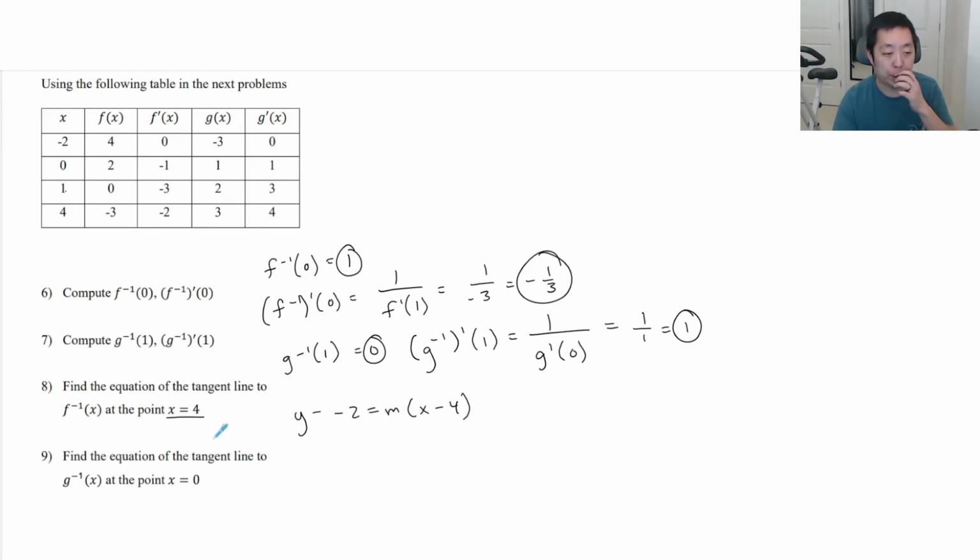Because I know it wasn't super clear, but this x coordinate refers to the x coordinate of the inverse function, not the x coordinate here. So it means it's the y coordinate for the original function. And m is, again, the inverse derivative at 4, which is really 1 over the derivative, not at 4, but where y is 4, the original function is negative 3.